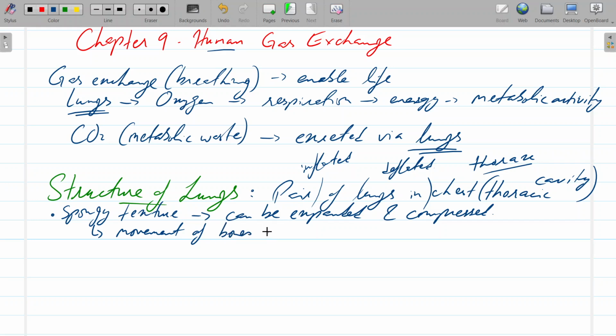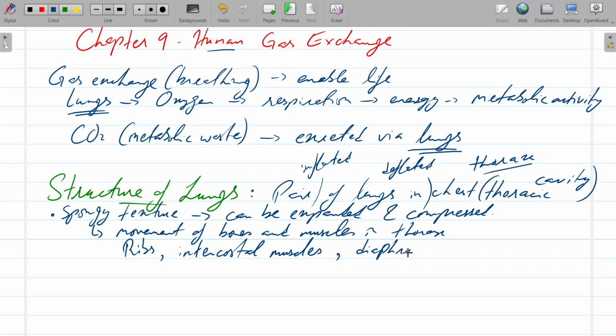So the movement of the bones and muscles in the thorax involves the ribs, those are the bones, the intercostal muscles, these are the muscles between the ribs, and the diaphragm, which is also a muscular dome at the bottom of the thoracic cavity. So, diaphragm.